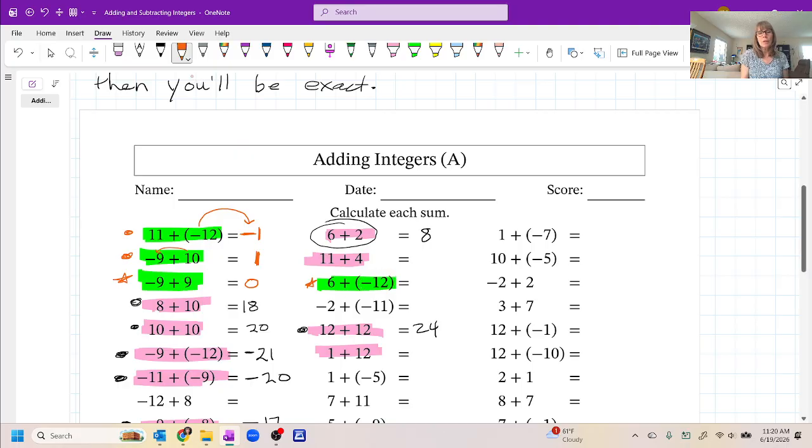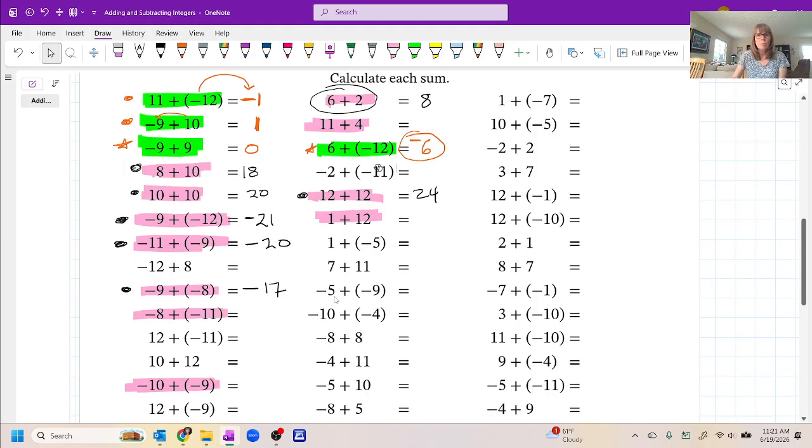So when I subtract these numbers, just the absolute value of the numbers, like 12 minus 6, they have a difference of 6. And I'm going to keep the negative sign because that's the sign of the larger number. So I have $6 of positive money and $12 of debt. So when I pay off my debt, I'm still in debt by $6.